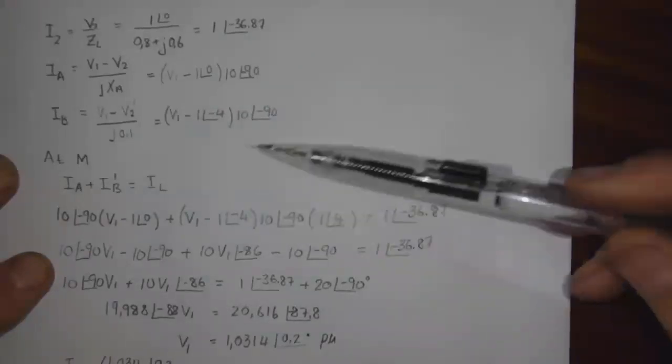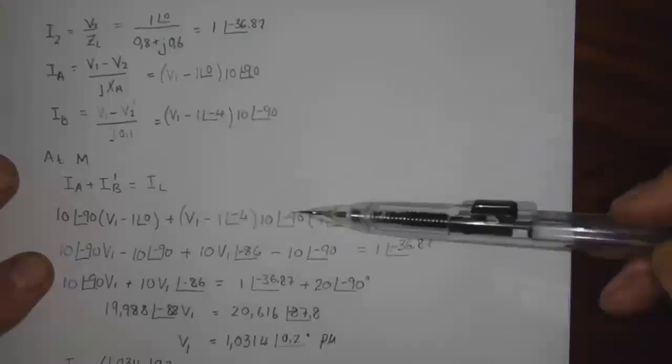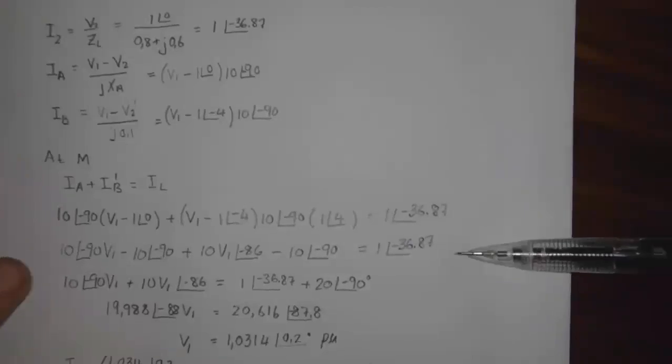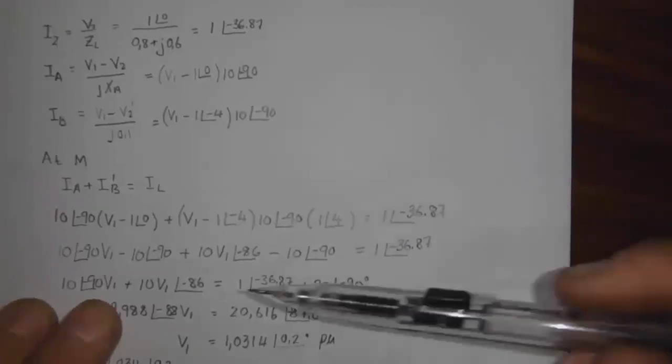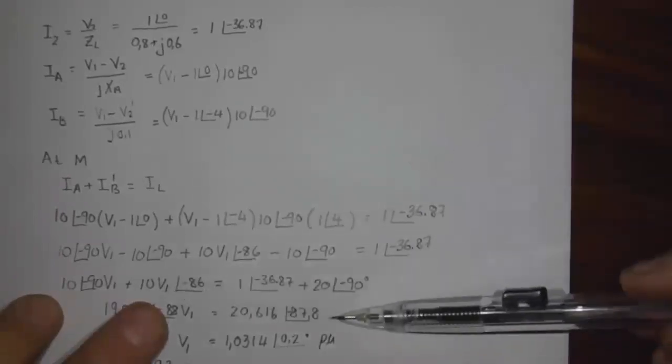And then 1 angle minus 4 times 1 angle plus 4 becomes just 1, times 10 angle minus 90. And therefore we have 10 angle minus 90 V1 plus 10 angle minus 86 V1 is equal.